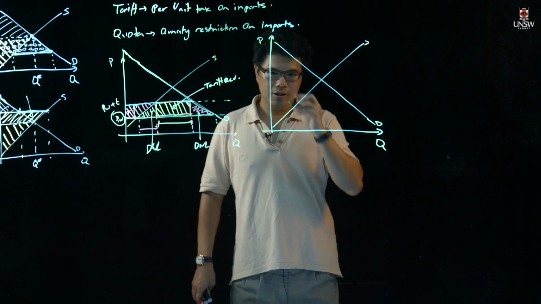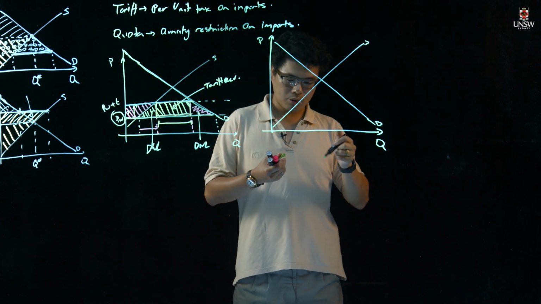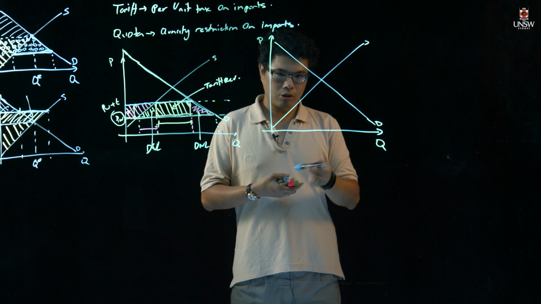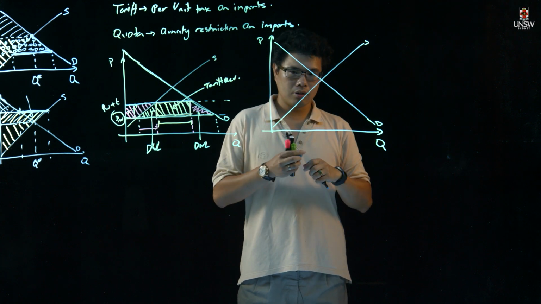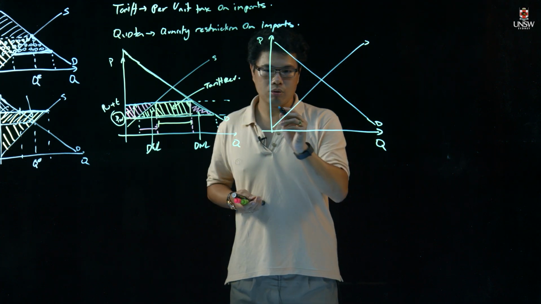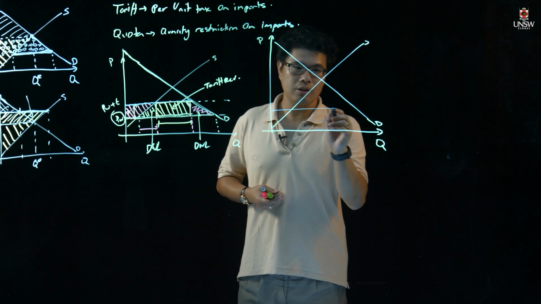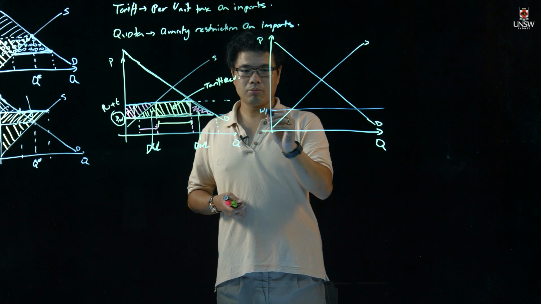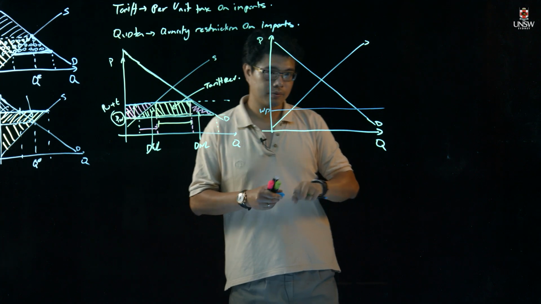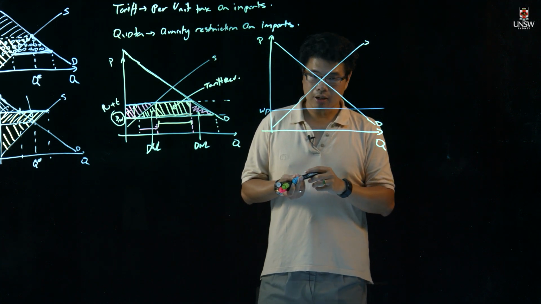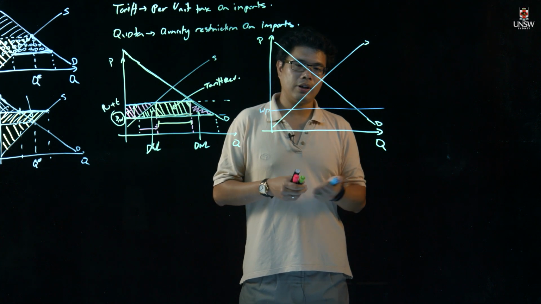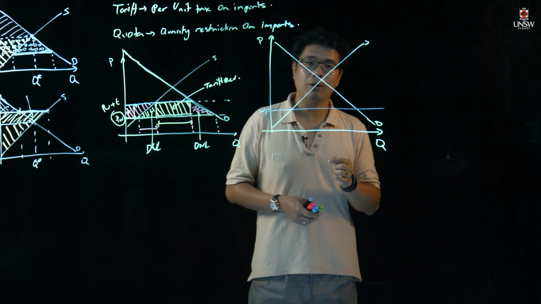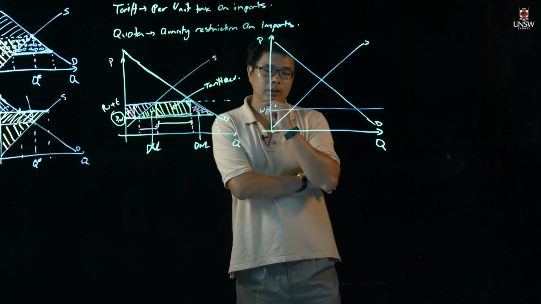And as per usual, what we're going to do is assume that the world price is down here. Okay, so that's the world price. And now we effectively have to think about how we represent a quota.